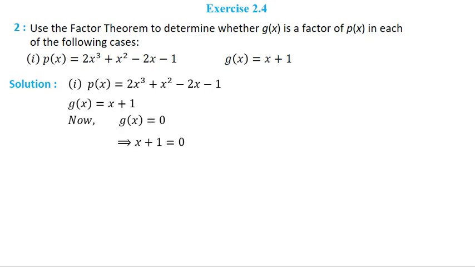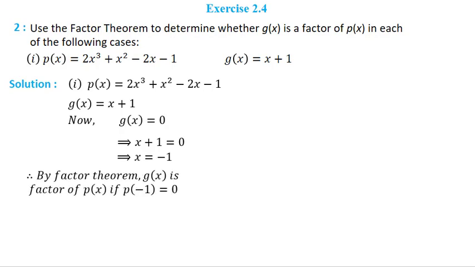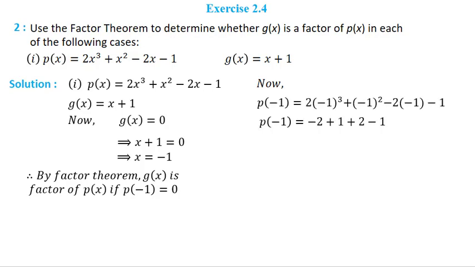That gives me x plus 1 equals 0. From that we have x equals minus 1. Now by factor theorem I will say that g(x) is a factor of p(x) if p(-1) is 0. So let us find p(-1). Now p(-1) gives me the answer as 0. So I will say that by factor theorem g(x) is a factor of p(x).